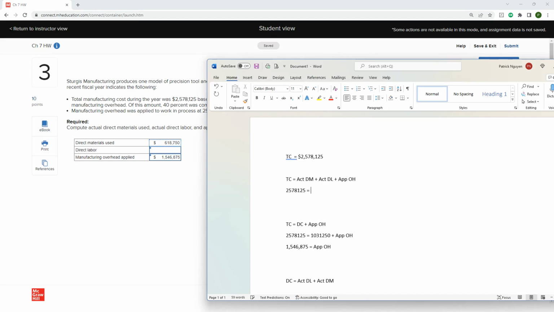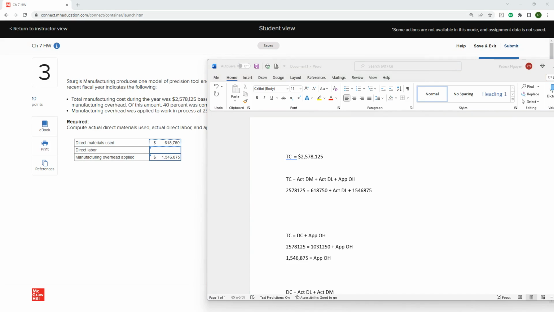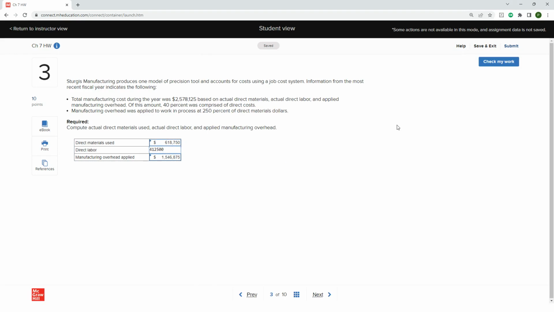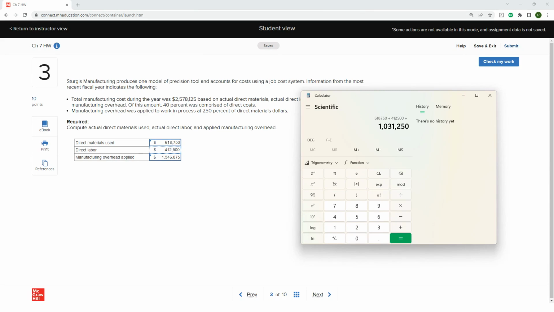So we get 412,500 for direct labor. So to check our work, we can add up all three numbers, 618,750 plus 412,500 plus 1,546,875. And we get the 2,578,125 that was given to us in the fact pattern.